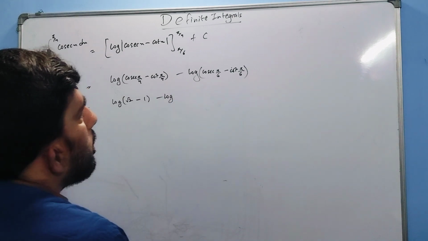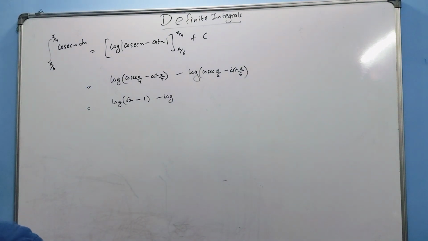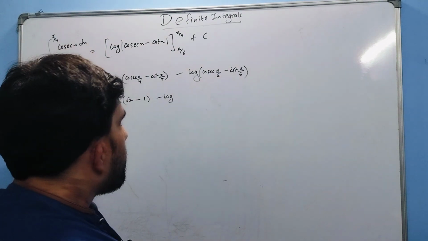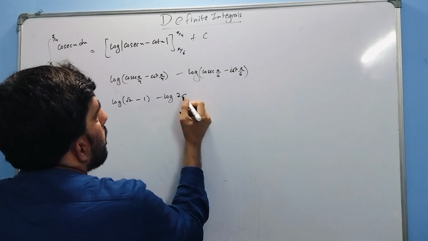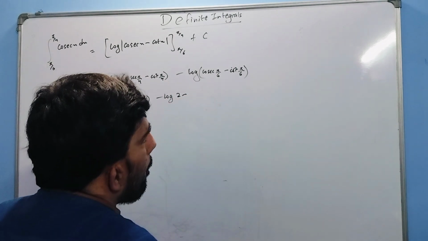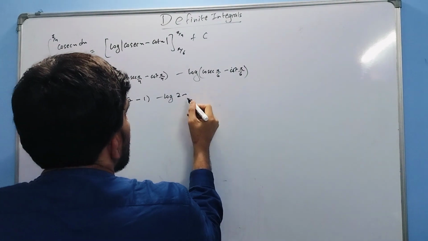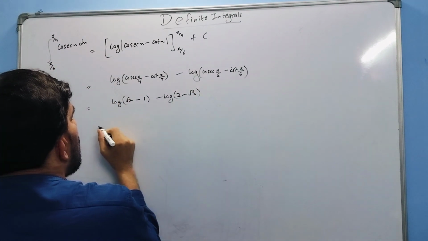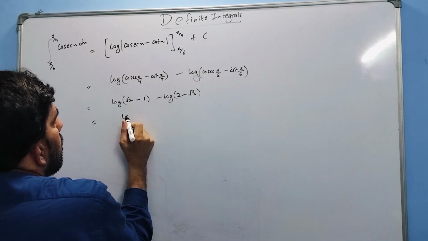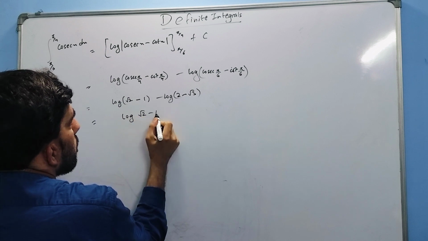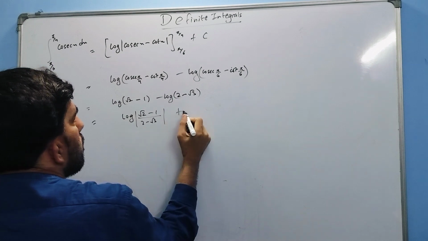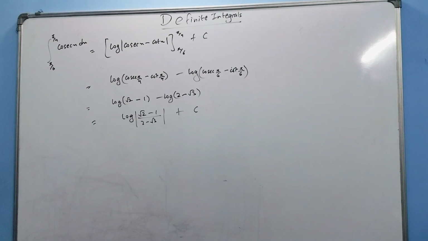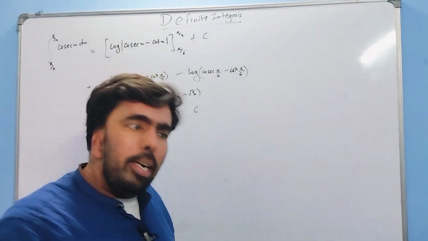Cosec 30 is the reciprocal of sin 30, which is half, so it will be 2, minus cot 30, tan 30 is 1 upon root 3, so it will be root 3. So we can put the value here: log of root 2 minus 1 upon 2 minus root 3. Likewise we can evaluate the definite integral.